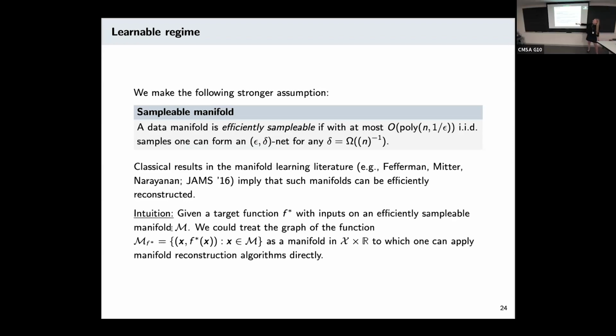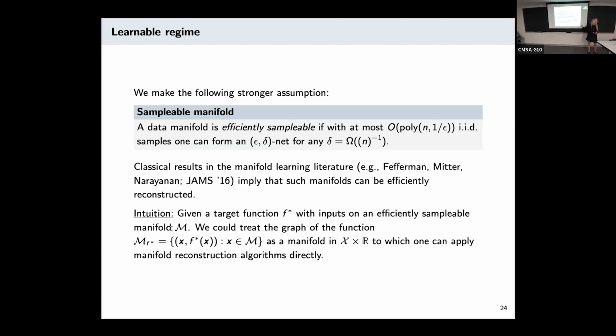Just to give the intuition on why this is important. This is not quite how we prove this, but it builds on that literature and gives as much of an idea as I can give in a short talk like this. This literature on manifold learning gives us guarantees that under this samplability condition, we can in fact reconstruct the manifold.